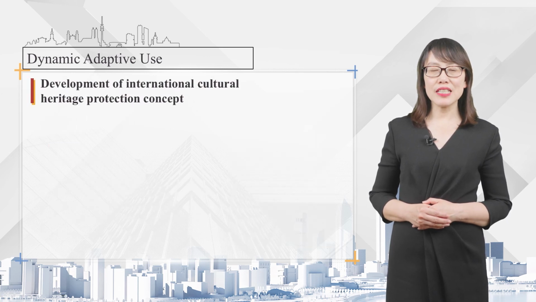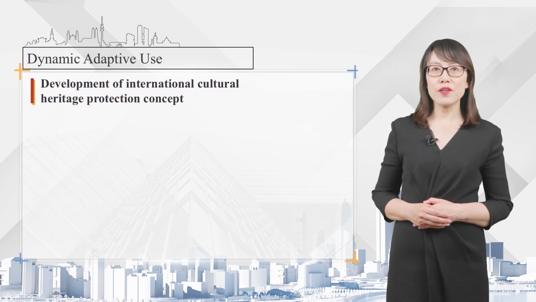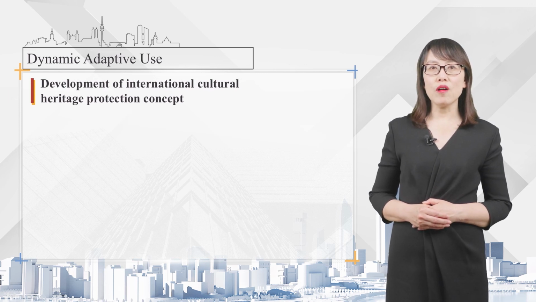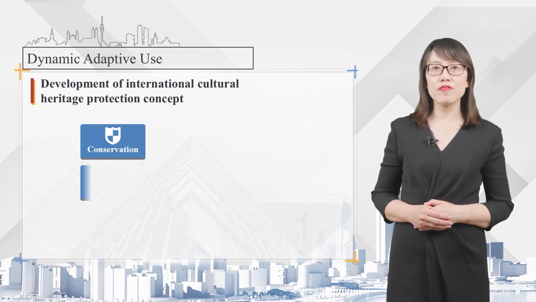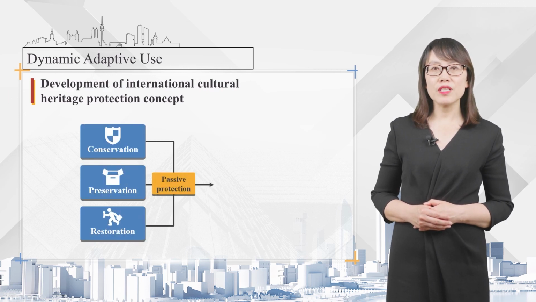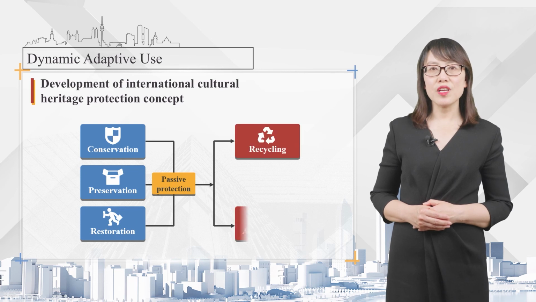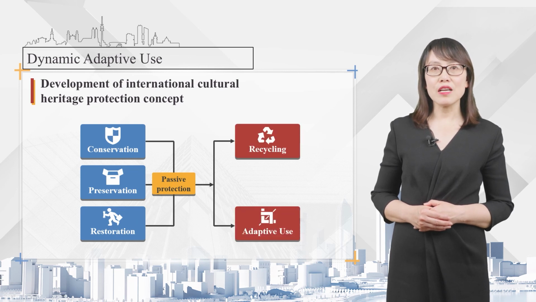Therefore, from the 1860s of the international cultural heritage protection, the concept of historic building conservation developed from heritage ontology to overall protection, and the concept of conservation changed from passive protection of conservation, preservation, restoration to active reuse, such as recycling, adaptive use, and more attention was paid to the compatibility of historical sites and cities.